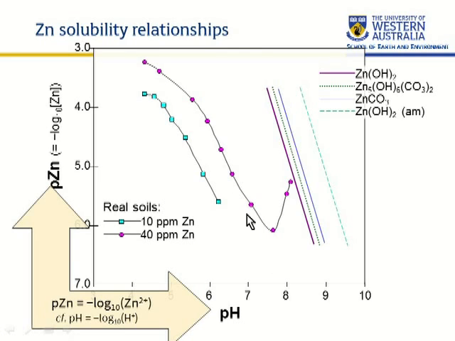For example, at high concentrations of zinc and higher pHs, we're getting an increase in zinc concentration as the pH increases, possibly related to the solubilization of formerly solid organic matter in soils, which can then carry zinc into solution as a zinc organic complex.